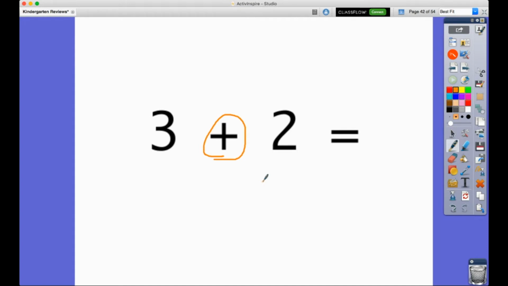Sometimes we might have to use our fingers. Sometimes we might need to draw pictures. Sometimes we can just count on. So I want you to do this on your own, by yourself, and then we're going to share what answer we get. So our problem is 3 plus 2.